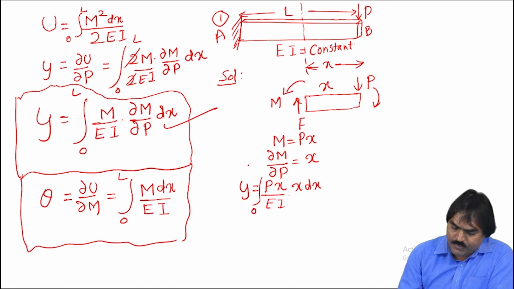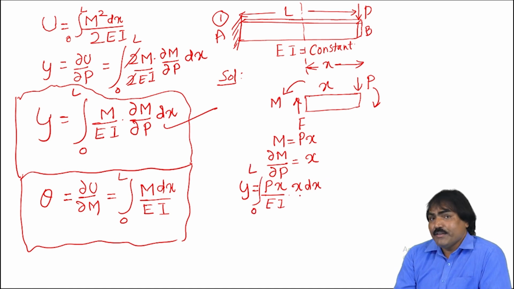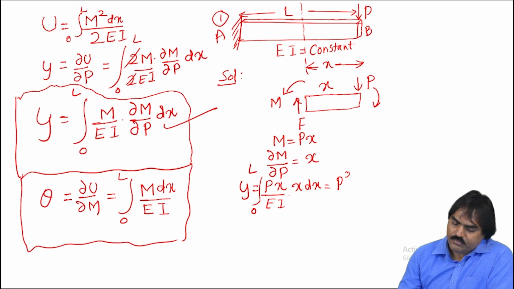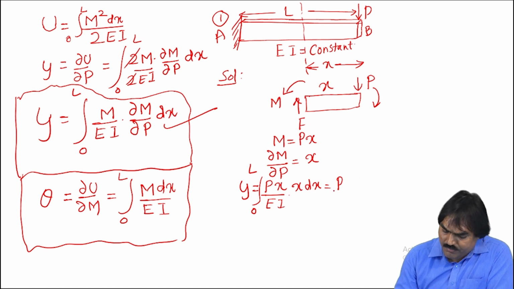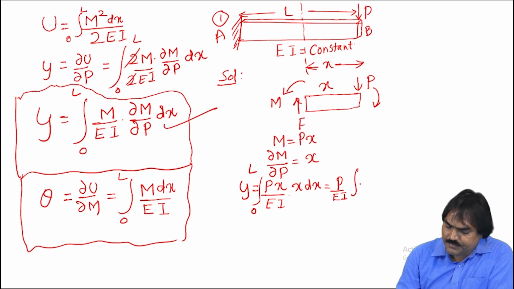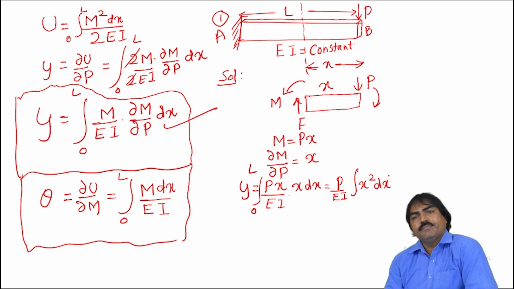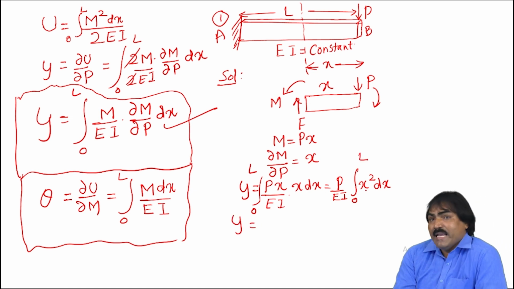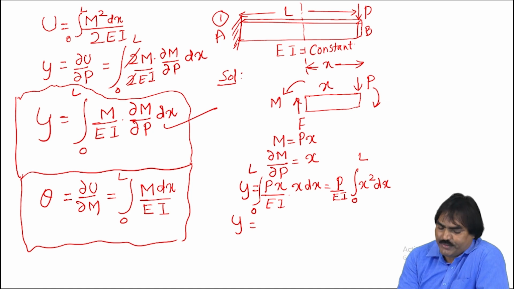Carry out integration from 0 to L. X into x becomes x square, that is P by EI, integral of x square dx, limit 0 to L. Therefore, y is given by x square integration becomes x cube by 3.